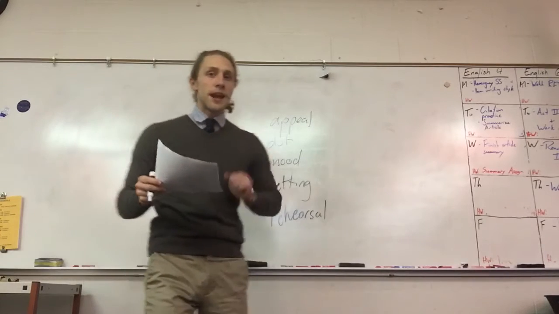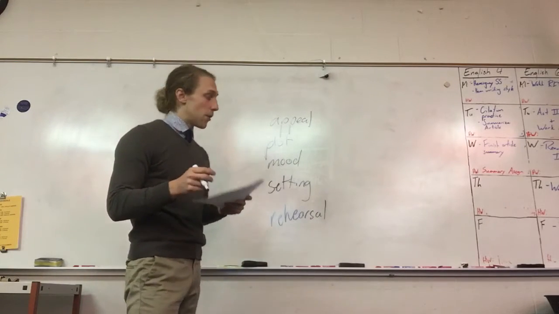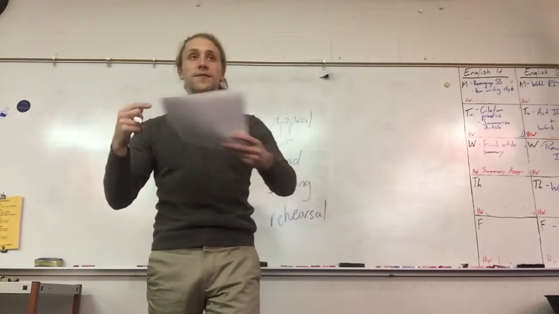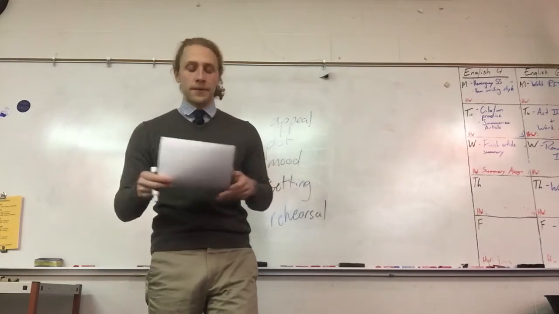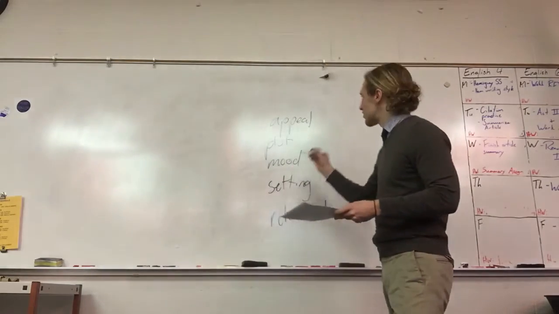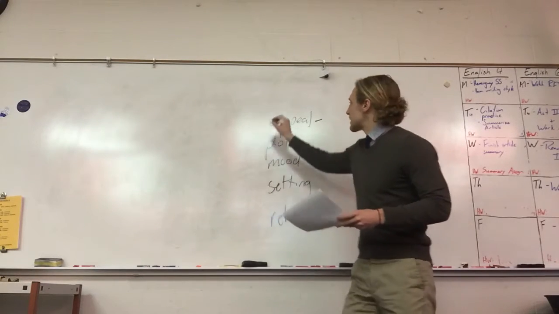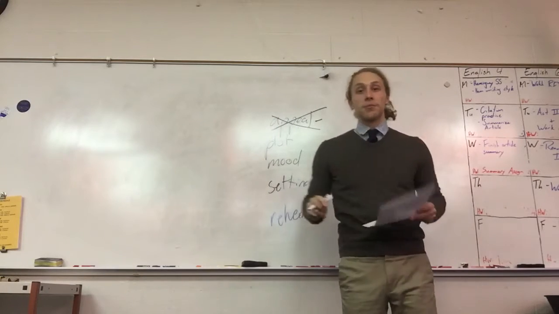So let's eliminate options that don't have to do with where the play is taking place. So appeal. Appeal is the attractiveness of the play, what the audience feels, why the audience comes to the play. Why do they come to the play? Because it's appealing. Well, does that have to do with the location of the play at all? No, it really isn't. So we can eliminate appeal because it is not talking about where the play is taking place.